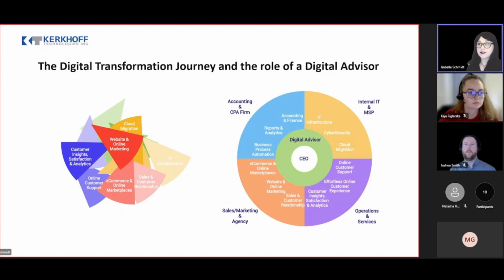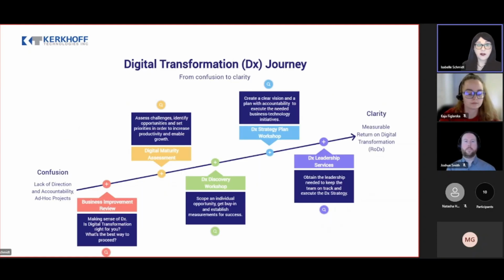Digital technology can touch all of them now. IT isn't just the owner of digital transformation anymore. We put that role into somebody we call the digital advisor, or in our case, the VCIO. And that really helps guide an organization to make sure that there's a strategy and a plan in place.